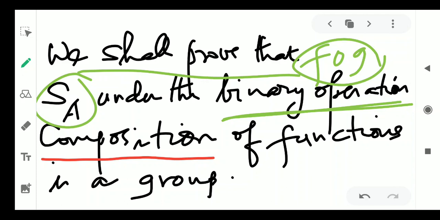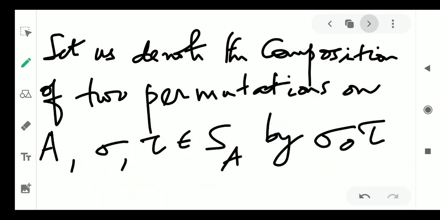That's familiar to you, which you learned in previous classes. Anyhow, what we are going to do is prove that this S_A under the binary operation composition is a group. Let us denote the composition of two permutations by the symbol sigma o tau.